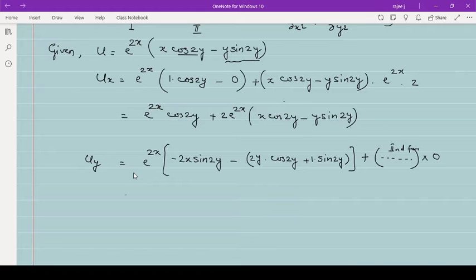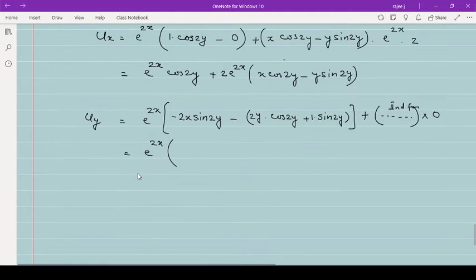So this is equal to e raised to 2x into, let me arrange it a bit: minus 2x sin y sin 2y, then sin 2y, minus 2y cos 2y, and here the minus inside gives minus sin 2y.